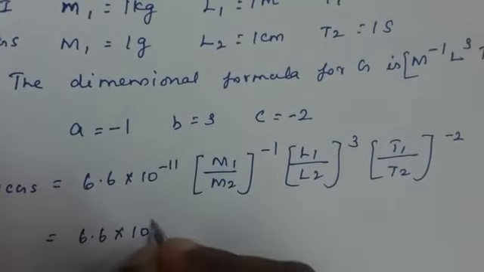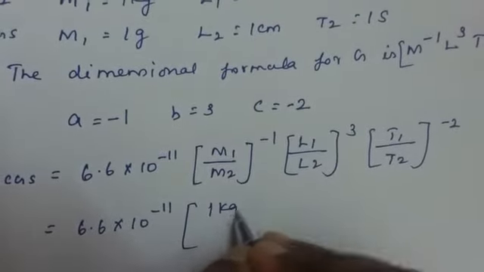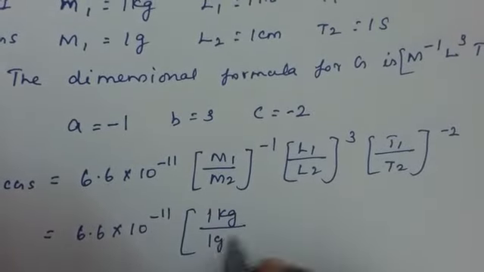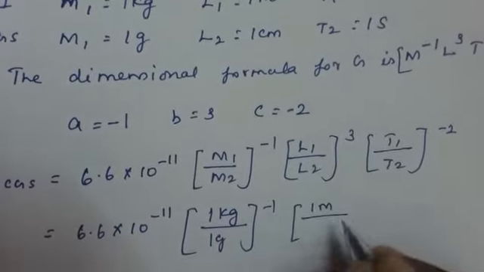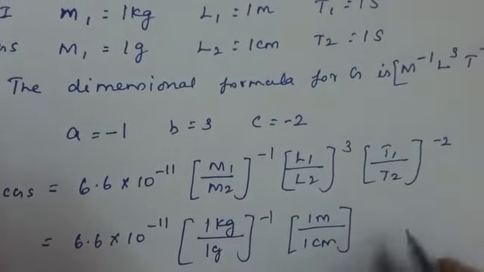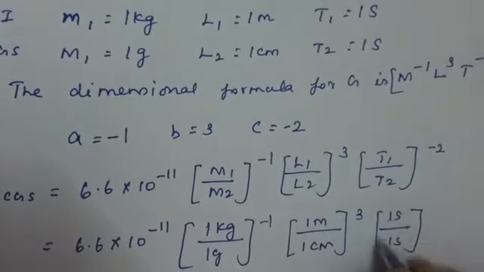For M1 I am going to substitute 1 kg. M2 it is 1 gram. L1 it is 1 meter. L2 is 1 centimeter raised to 3. Here it is 1 second. Here it is 1 second.